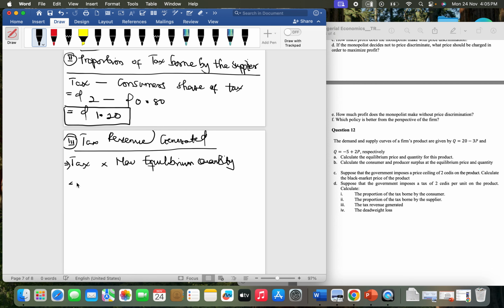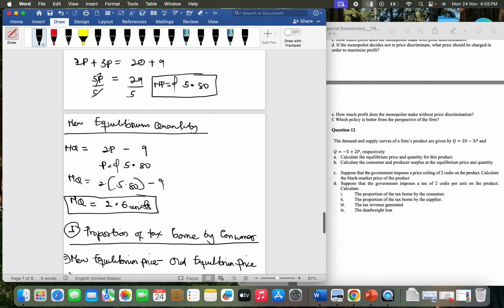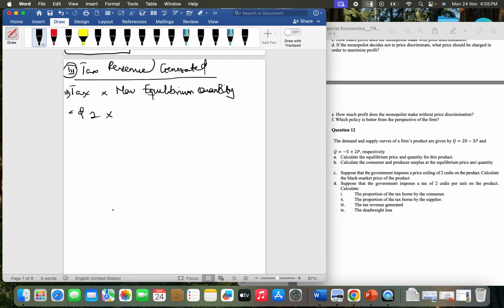The tax in the question was given as 2 cedis times your new equilibrium quantity, which is the quantity you had as a result of tax. This is 2.6. So 2 times 2.6 will give us 5.20. So this is our tax revenue.